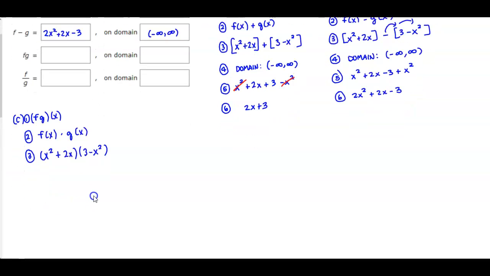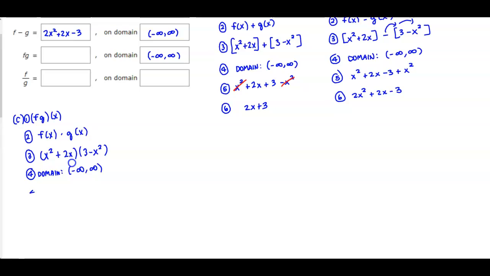So currently right now we can plug in any value in for x. So that means the domain of this function is all real numbers. We can plug any value in and evaluate. So it's going from negative infinity to positive infinity.